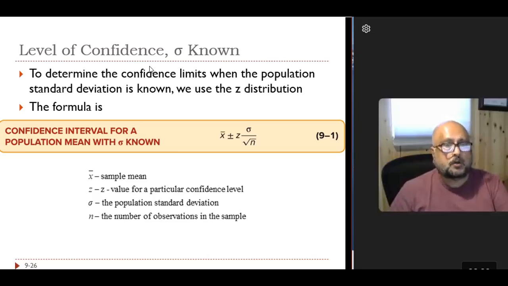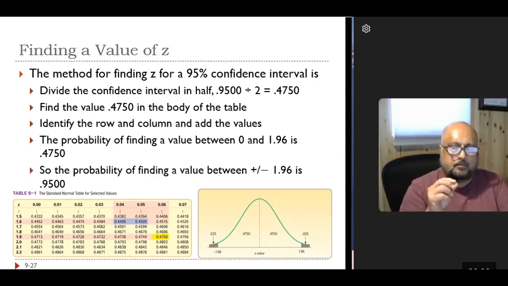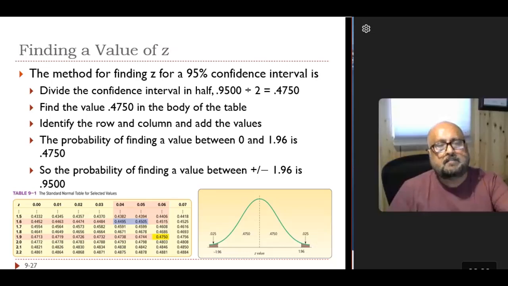If it's known, then we can use this formula for the confidence interval, when the population standard deviation is known. When sigma, the population standard deviation, is given, the parameter that we can use is the z value. If it's not given, then we use the t value.